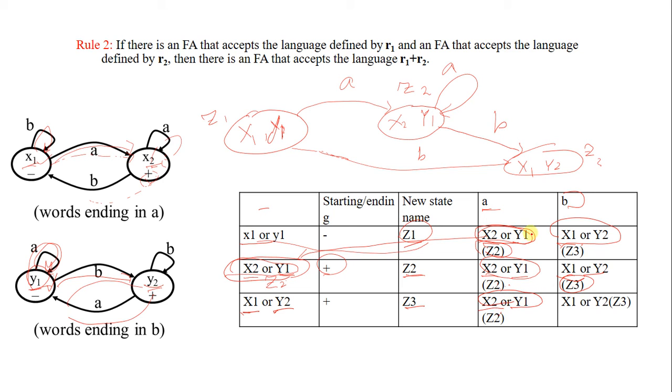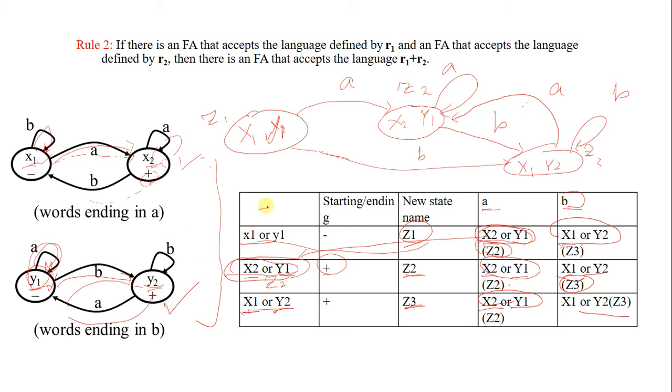So at this state for letter A, you move back to z2. Similarly, at state z3 for letter B, you stay at z3. You can check it yourself. So this is the resulting FA, the sum of these two FAs, and it will accept all the words which are accepted either by FA1 or by FA2.